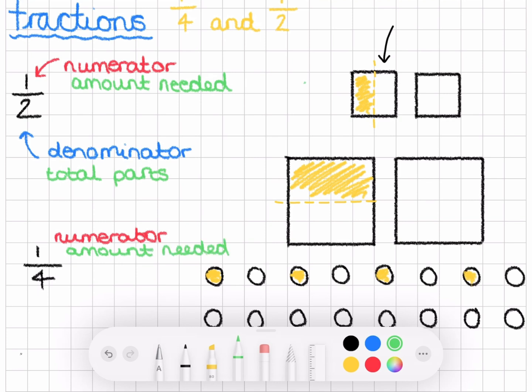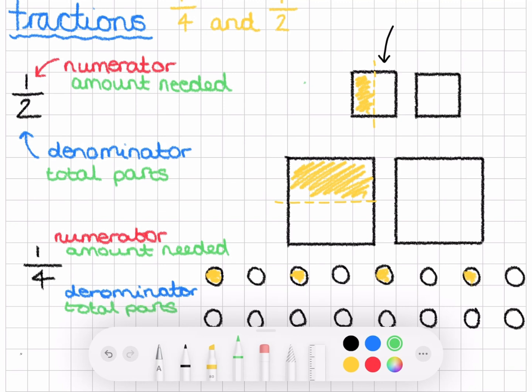And the denominator is our total number of parts. So instead of 2 this time, it is 4. Total parts.